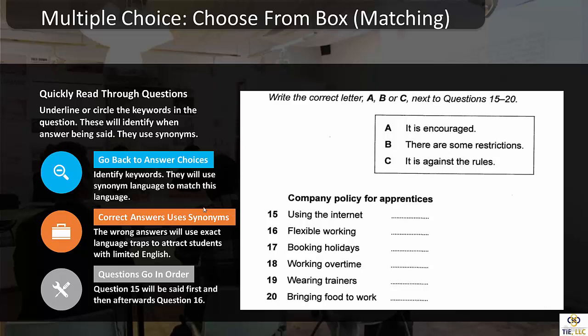They're going to say synonyms of that, and you have to be able to pick up on that match. They're not going to say it's against the rules. They're going to give synonyms of that. Okay? Now, in the upcoming lectures, when I'm going through strategy application, I point out the synonym language that they're using so you can really see how that's being done.